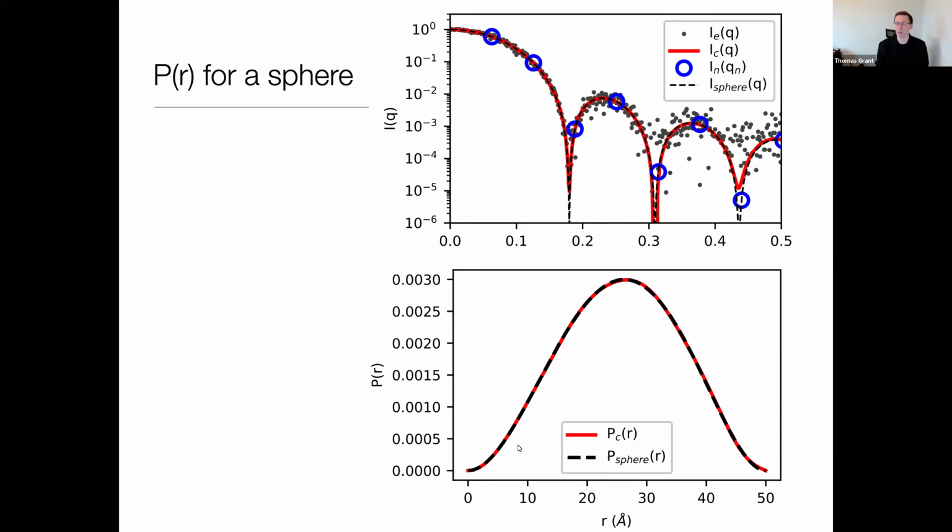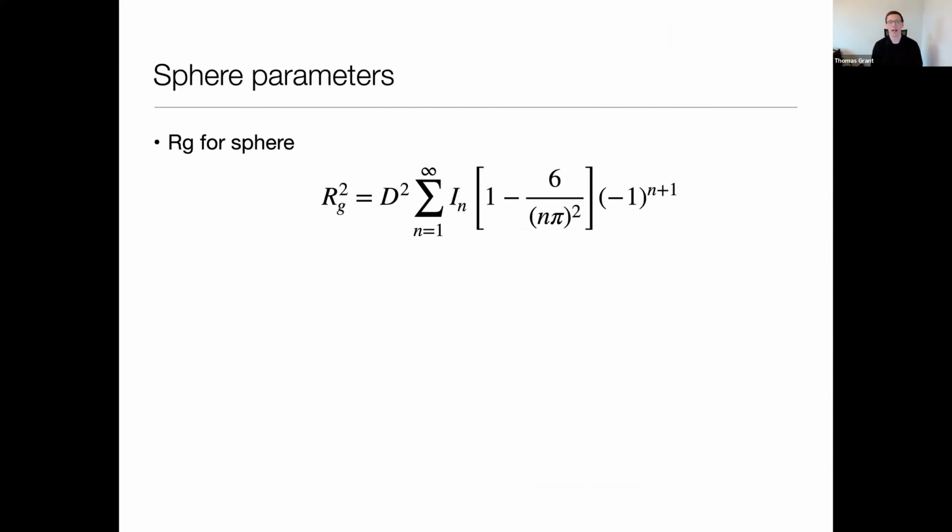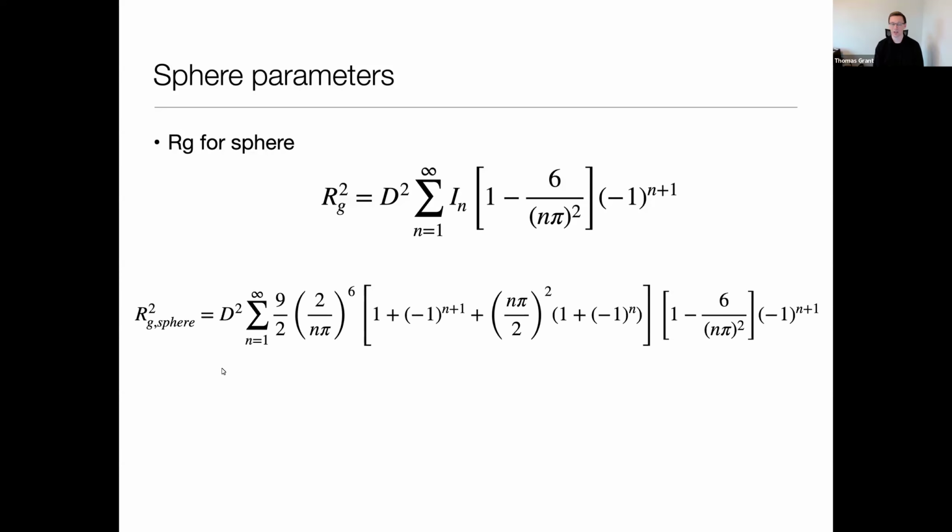And we can look at the same thing for the P of R curve. We get a very nice representation of the P of R curve. All right, and finally, I just want to highlight some really nice aspects of this math that I mentioned for the sphere. So we can take those equations that we had, this is the equation that we derive for RG, right? We can plug in the IN values for the sphere, and we end up with this large equation, okay? It's this large summation.